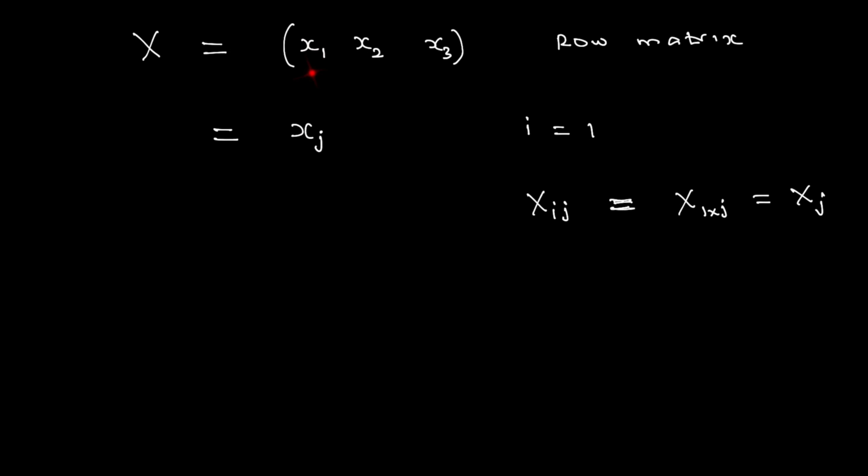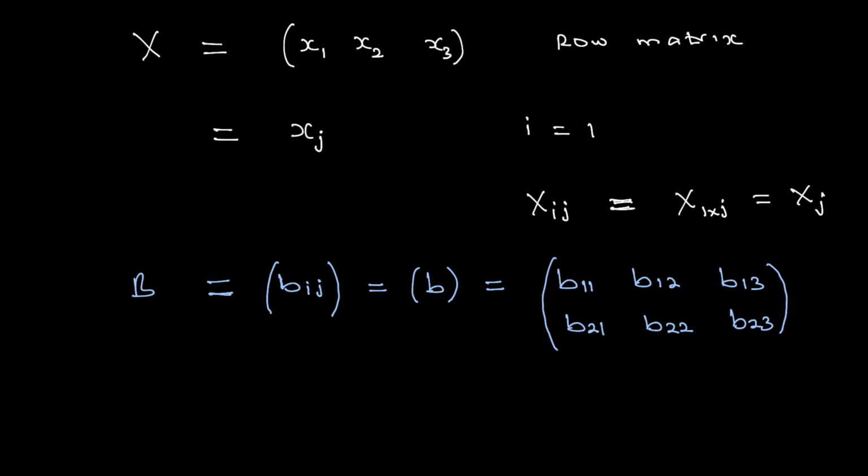That means you have 3 columns. This is 1 by 3: 1 row, 3 columns. Also, if you have a matrix B, that would be lowercase b ij, which is B in brackets. An example would be B11, B12, B13, B21, B22, B23. This is a 2 by 3 matrix.